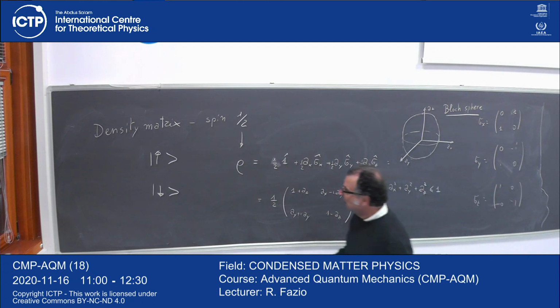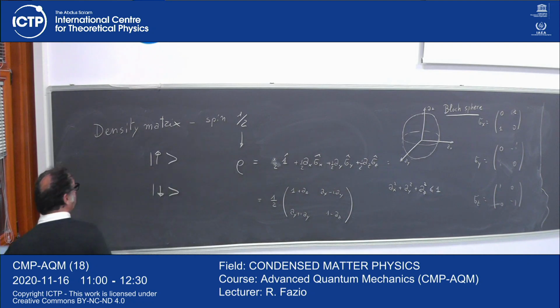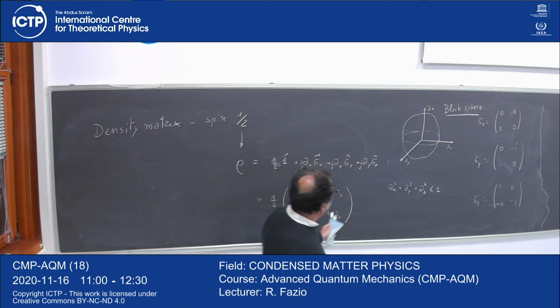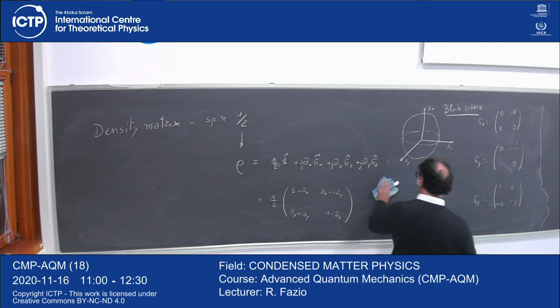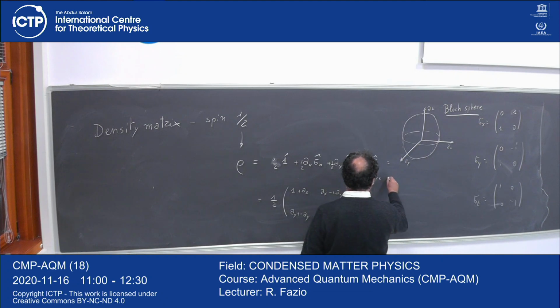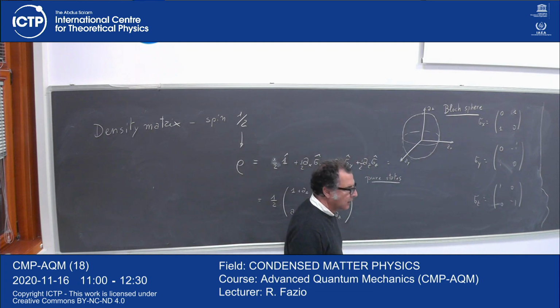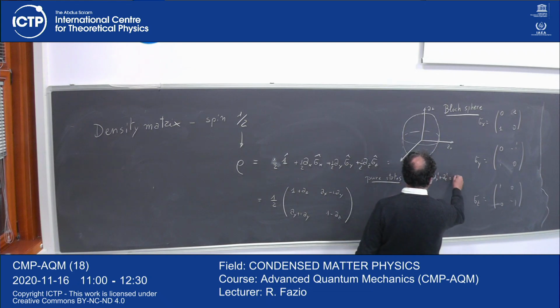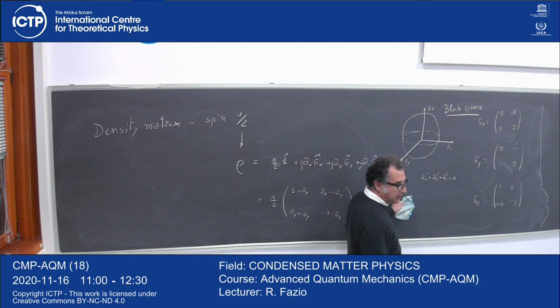Now, let me consider the pure states. In this case, we said that ax squared plus ay squared plus az squared is equal to 1 for a pure state.